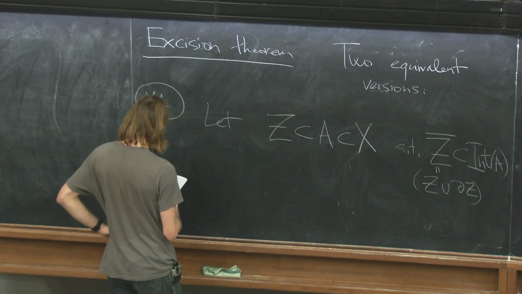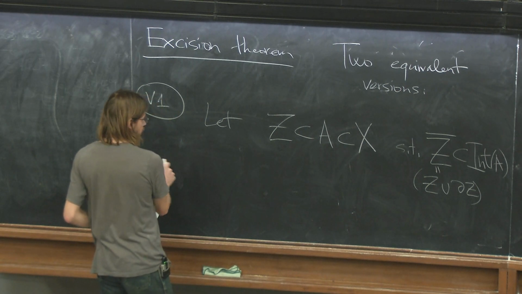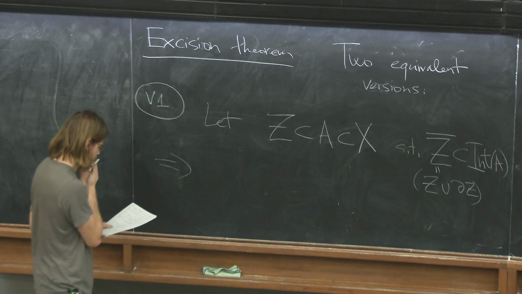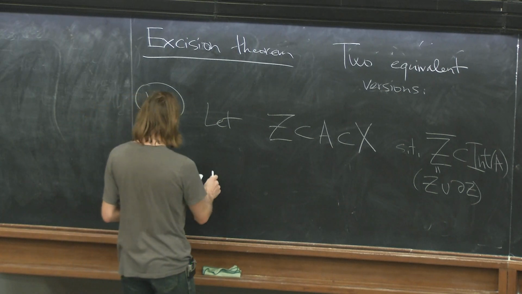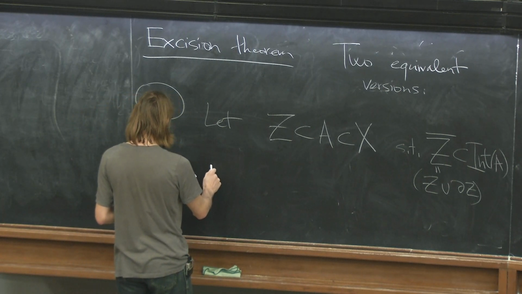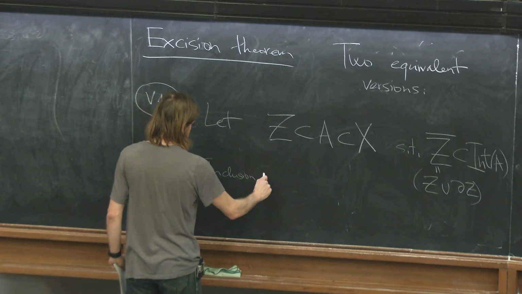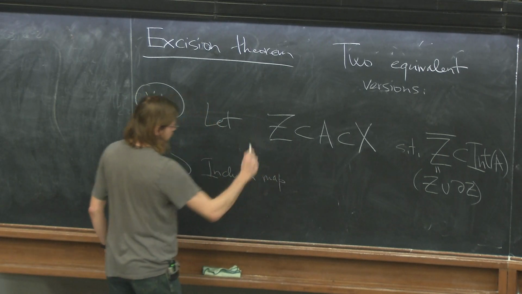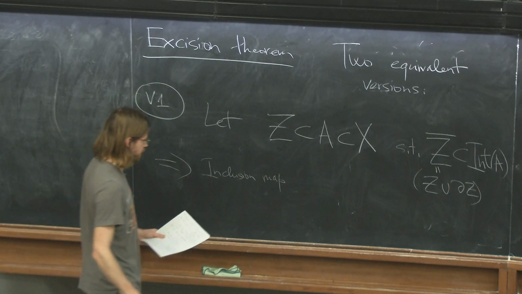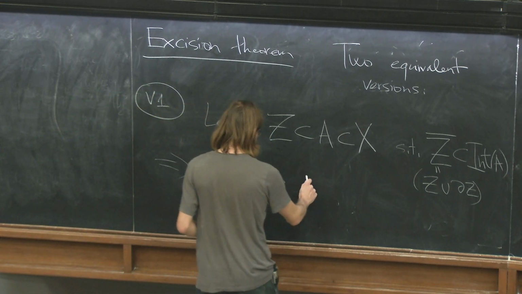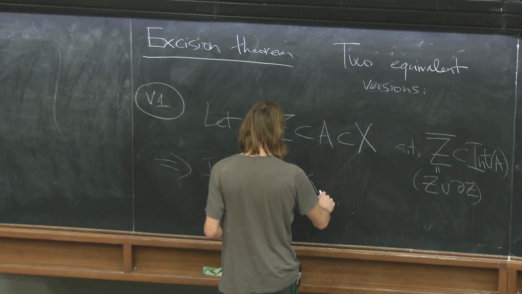Okay, and so under this setup, we have the following statement, that the inclusion map, which is a map between pairs.